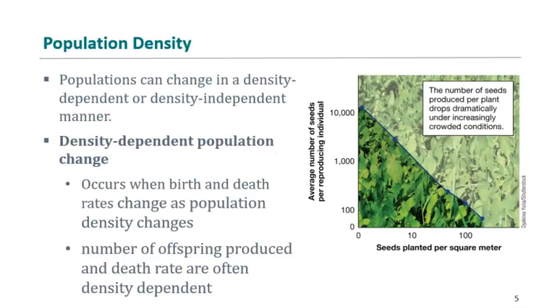So we can recognize factors that are affected by the density of the population and affect its future growth. And we call these density dependent factors. So imagine a population of deer with access to a fixed amount of food. When the population is small, the amount of food is sufficient to sustain the population.